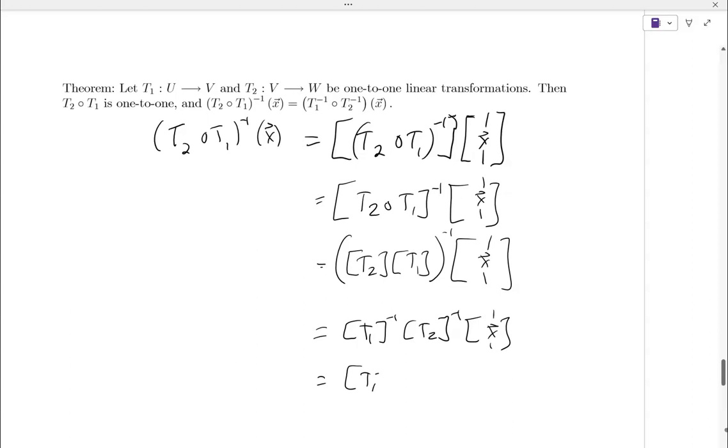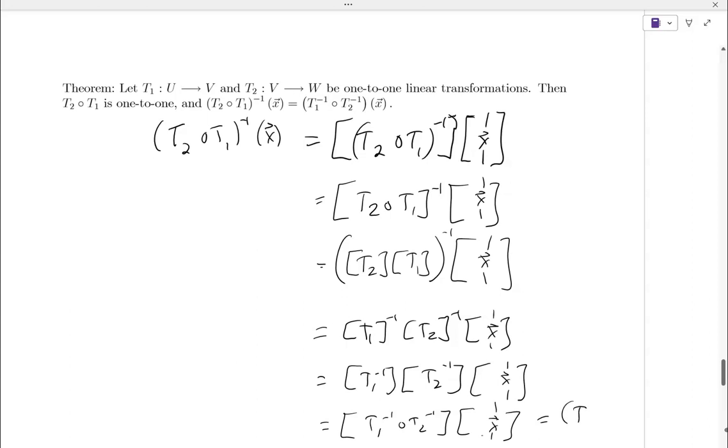And then again, I can move the inverse back inside. Then this is the matrix for the composition. Since I got a product of matrices, that's the same thing as the matrix for the composition.